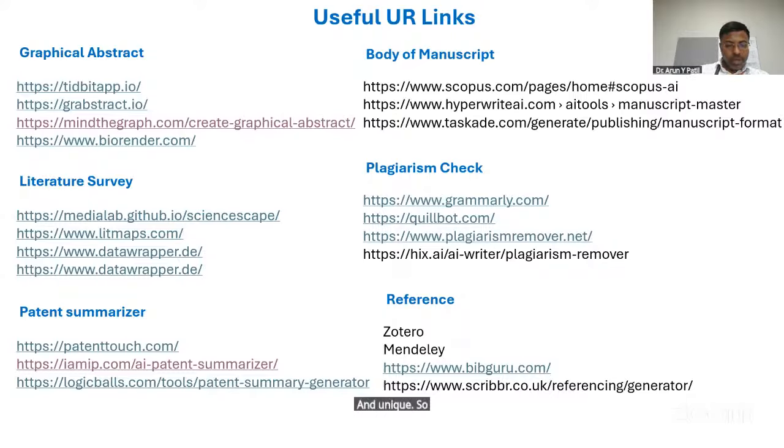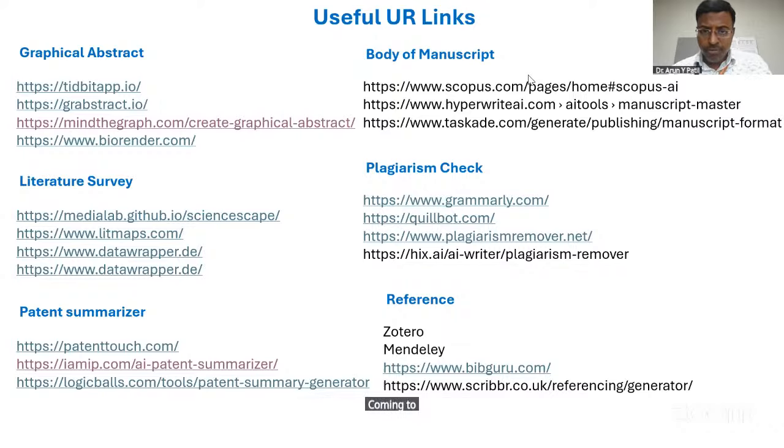Keeping those things in mind, you can search through these links. You will be able to make your literature survey much more effective, and more convincing to the reviewer or an editor.